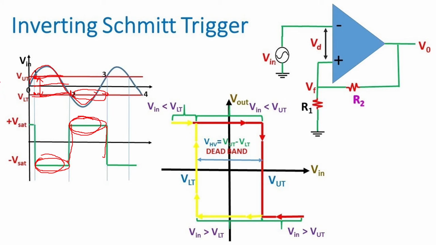That dead band indicates your hysteresis loop. If you draw the graph of V out versus V in, in the area between the upper threshold and the lower threshold there is a dead band. The output will be between plus Vsat and minus Vsat. This is called a hysteresis loop.